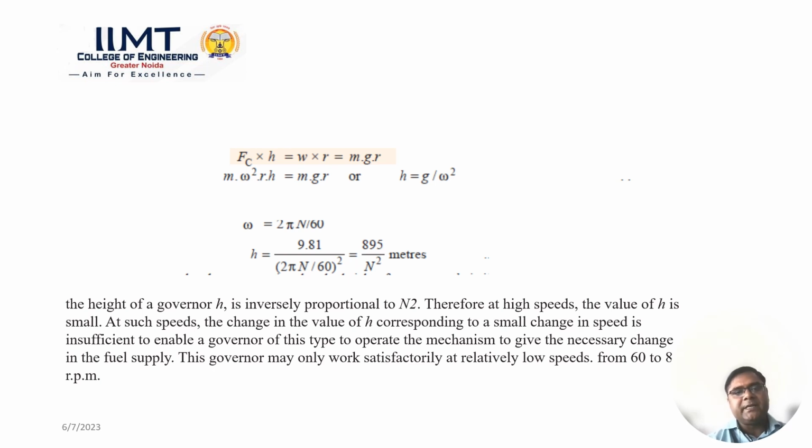Therefore, at high speed, the value of h is small, and the change in the value of h corresponding to a small change in speed is also small. The final conclusion is that this governor works at low speed, around 60 to 80 RPM. For high speed, this governor does not work satisfactorily; the mechanism is not able to operate at high speed.